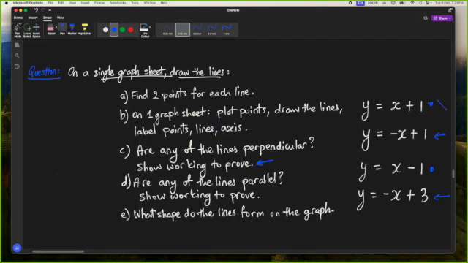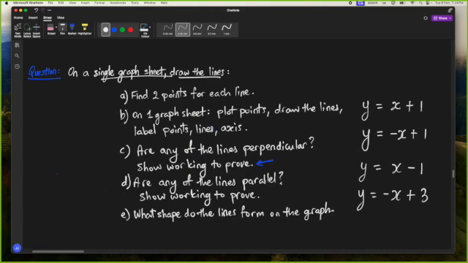I could tell that this line is perpendicular to this one, and I could tell that this line is perpendicular to this one. I could just tell that by looking at the equations. I could also look at the equations and sketch what the four lines are supposed to look like and have an idea of what my graph is supposed to look like, right?